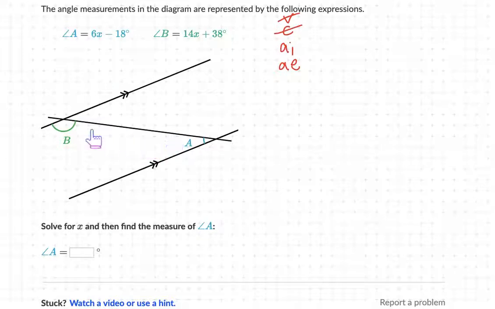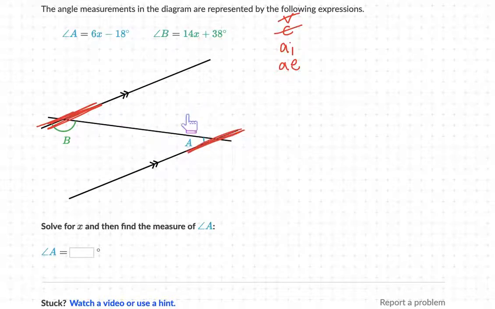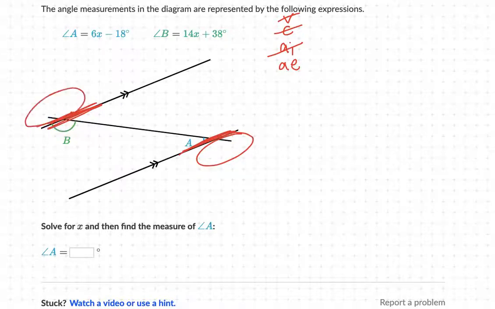Alternate interior would mean they're both inside. So they are both inside these parallel lines. So far so good. And alternate would mean they're on the opposite side. So if B was on the left-hand side, A would have to be on the right-hand side. And that is not true. So let's see, alternate exterior would mean they're both outside. And that's not true as well.